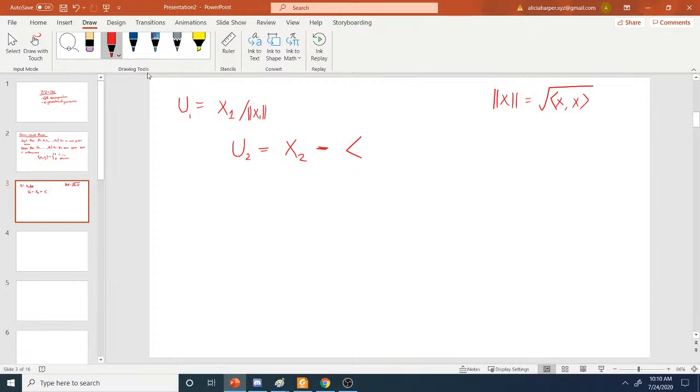So we get this. And then over here, if we call this quantity P1, which we did last time, then over here we put the norm of x2 minus P1.